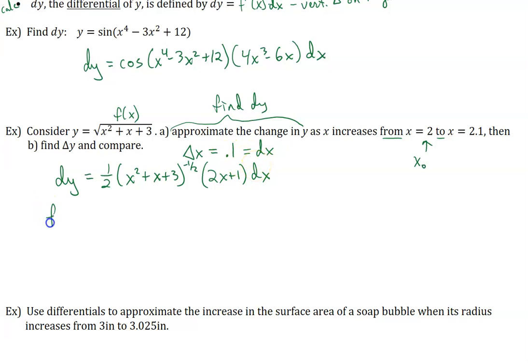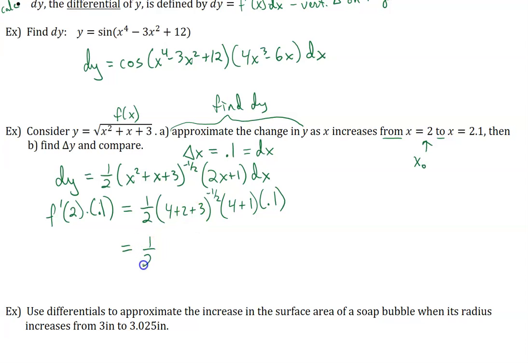So f prime of 2 times dx, which is 0.1, is going to be equal to 1/2 times 2 squared plus 2 plus 3 to the negative 1/2, times 2 times 2 plus 1, times dx, which is 0.1. Okay, and now we just need to do some arithmetic.